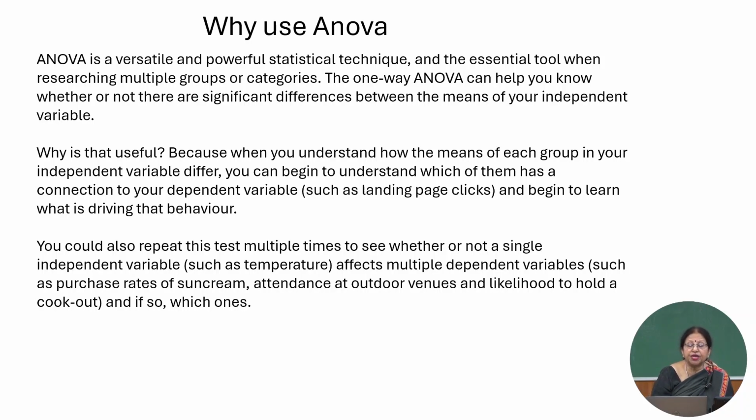You would also repeat this test multiple times to test whether a single independent variable, such as temperature, affects multiple dependent variables, such as purchase rates of sunscreen, attendance at outdoor venues, and likelihood to hold a cookout, and if so, which ones.